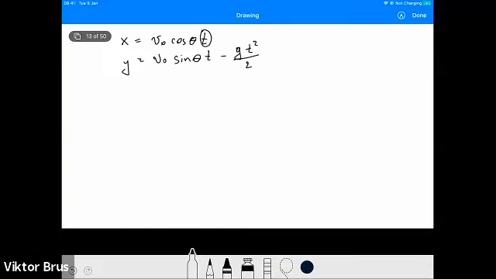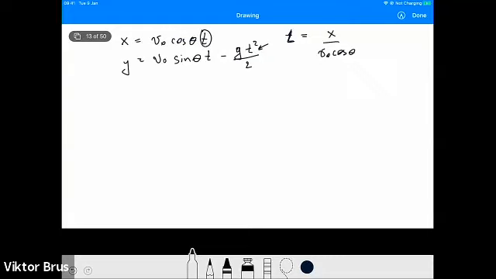Now we want to define t from this equation. So let's do it. It will be t equal to x divided by v naught cosine theta. Now since we already defined this time, we can substitute it here in the equation for y.